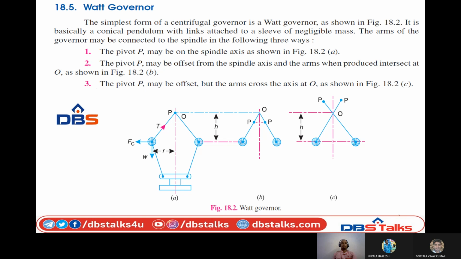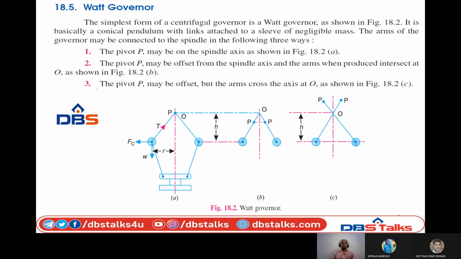In all the diagrams, A, B, C, the arms are connected or intersected at the spindle, at the point called O. So now we have to take all the conditions under equilibrium with respect to O.